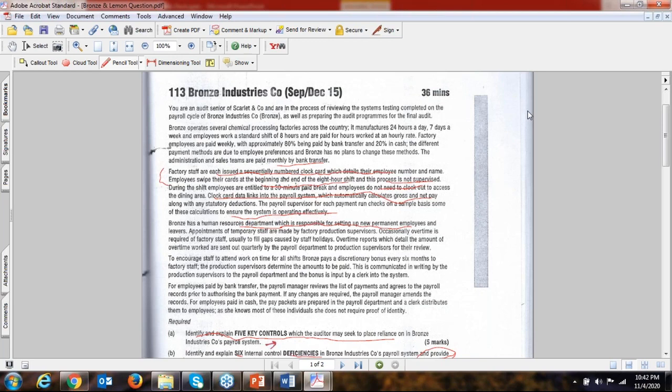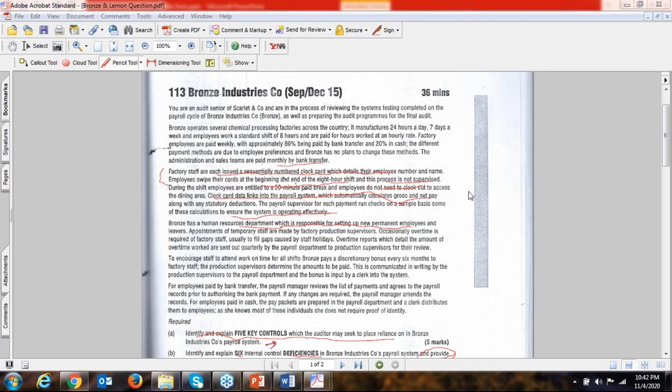The deficiency is that employees could take longer breaks than the time given, that is 30 minutes. So employees take longer breaks and do not come back within 30 minutes.